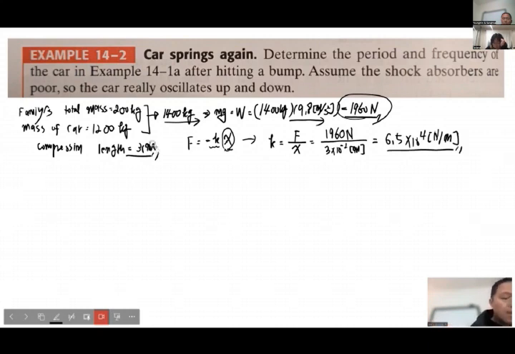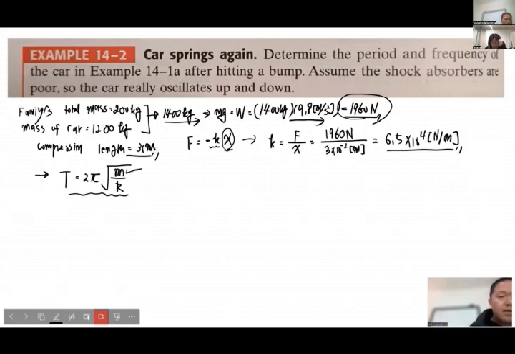So as you remember, period T is defined by 2 pi times square root of mass over spring constant k, for the simple harmonic oscillator with the spring.